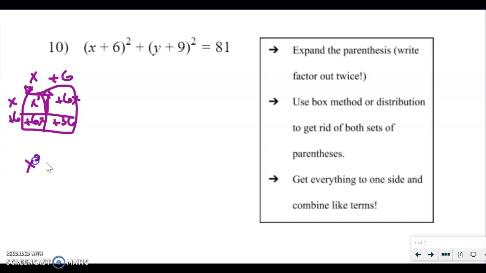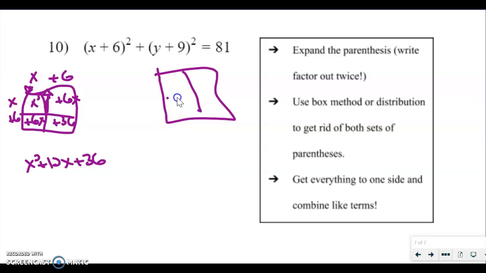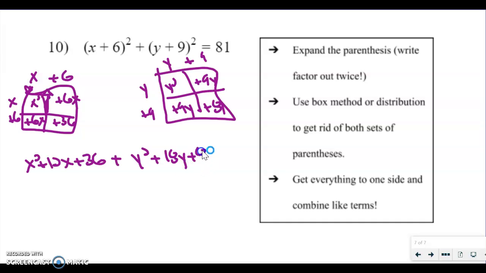So you have x squared plus 12x plus 36. Now you do the same thing with y plus 9. You got y squared plus 9y plus 9y plus 81. So you got y squared plus 18y plus 81 equals 81.